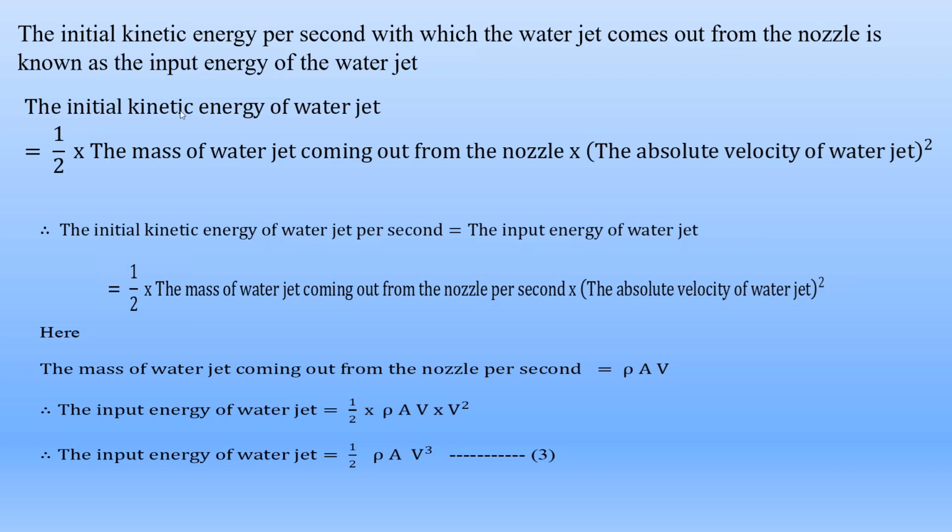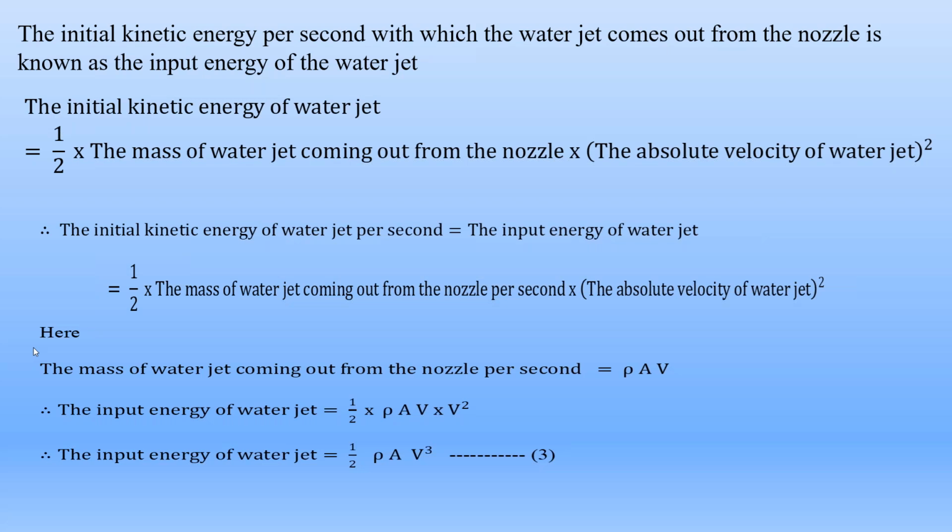So when we divide this equation with the time on both sides, the equation becomes: the initial kinetic energy of water jet per second is equal to half into the mass of water jet coming out from the nozzle per second into the absolute velocity of water jet whole square.